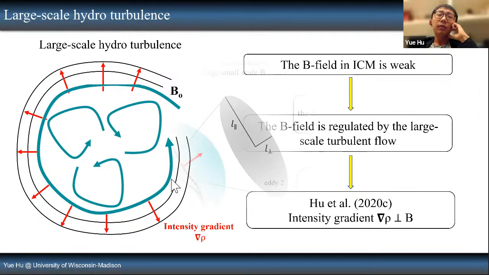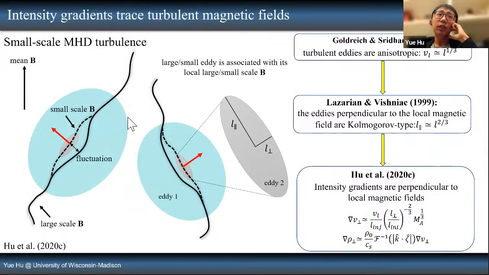A similar situation holds for small-scale MHD turbulence, because there the turbulent eddy is anisotropic, which means the eddy is elongated along the magnetic field lines. In this situation, we still have the intensity gradient perpendicular to the magnetic field direction.